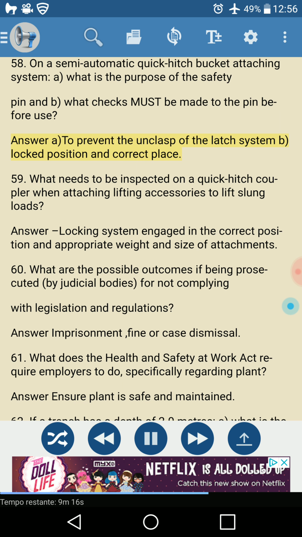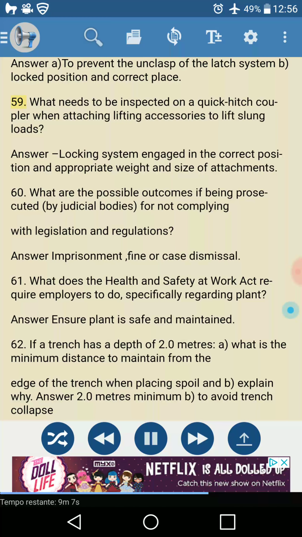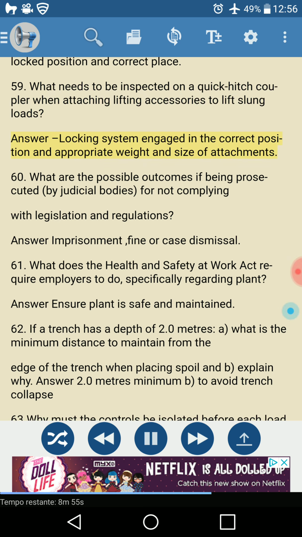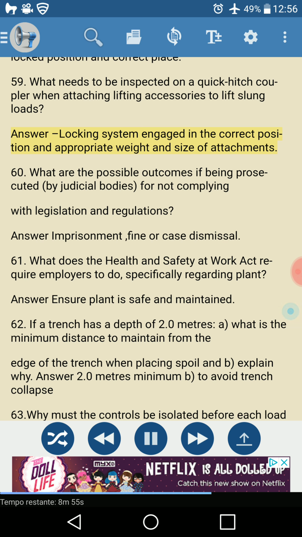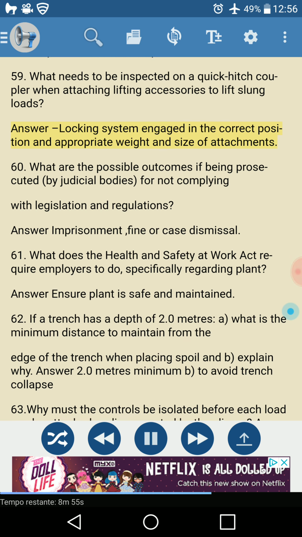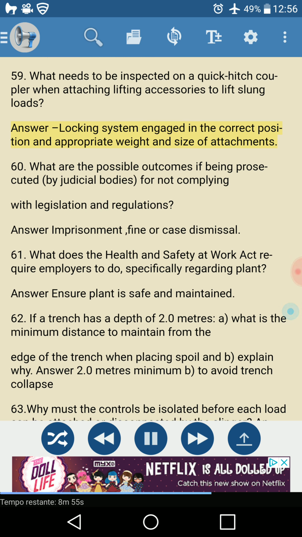Answer: A. To prevent the unclasp of the latch system. B. Locked position and correct place. 59. What needs to be inspected on a quick hitch coupler when attaching lifting accessories to lift slung loads? Answer: locking system engaged in the correct position and appropriate weight and size of attachments.